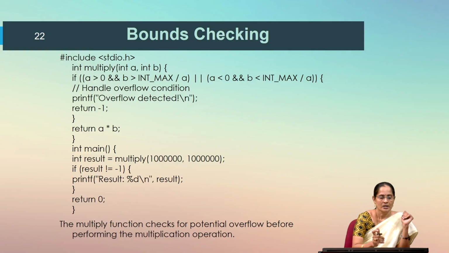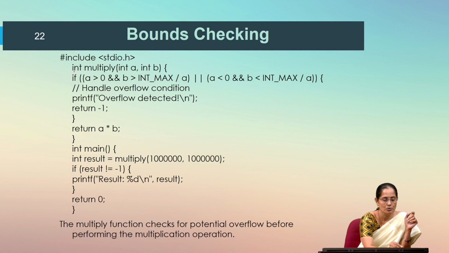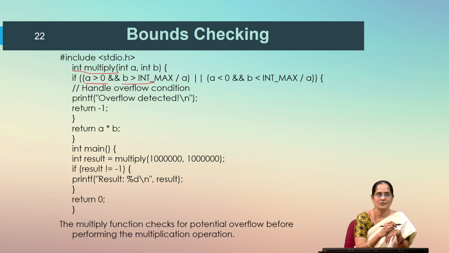Then one more method is to go for checking the bounds. Before doing any operation, it is better to check the bounds of the variables. Say, for instance, I am trying to apply the multiplication operation, for which I am using the variables a and b. Before handling the variables for multiplication, I am checking the bounds of the variables.